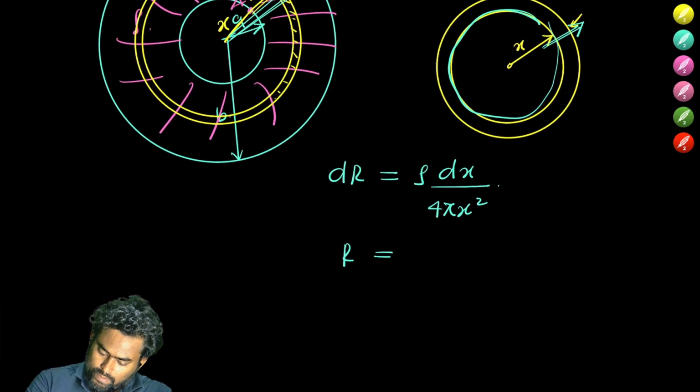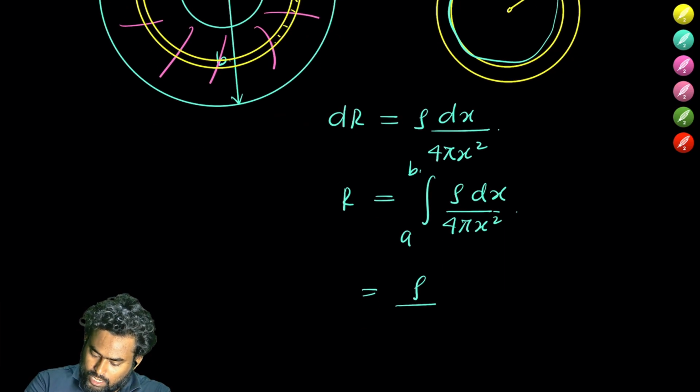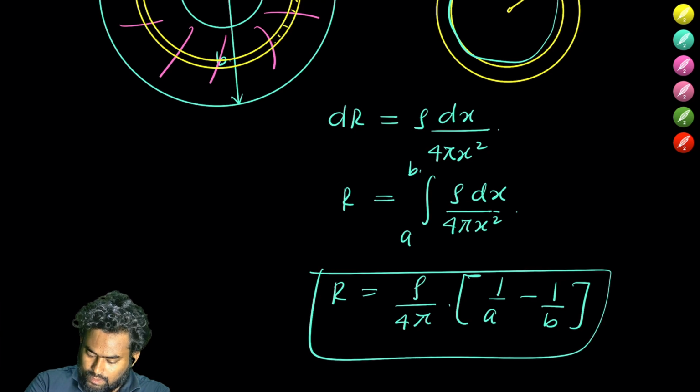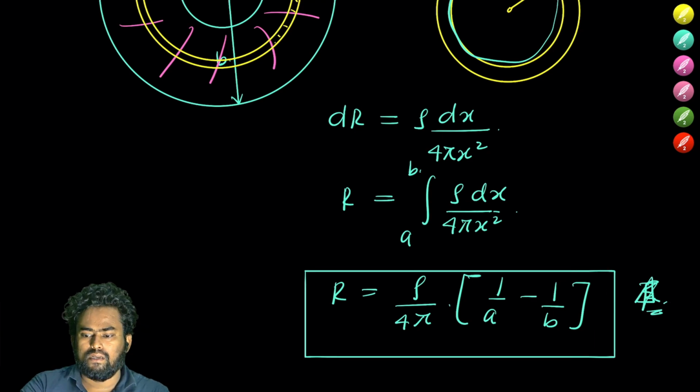So resistance will be the integral of rho dx upon 4 pi x squared, where x varies from A to B. After integrating you will get rho upon 4 pi, minus 1 by x, so 1 by A minus 1 by B. This will be our answer.